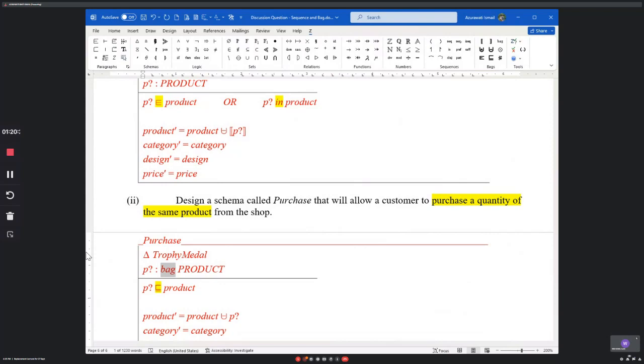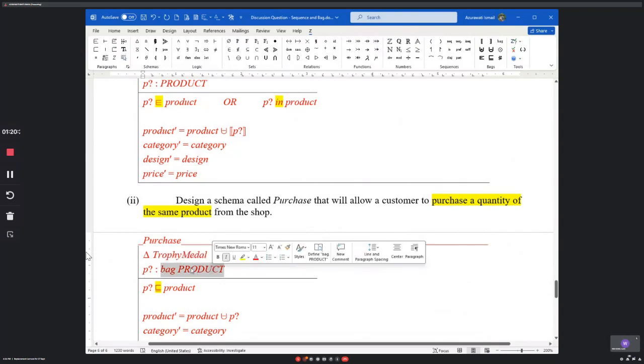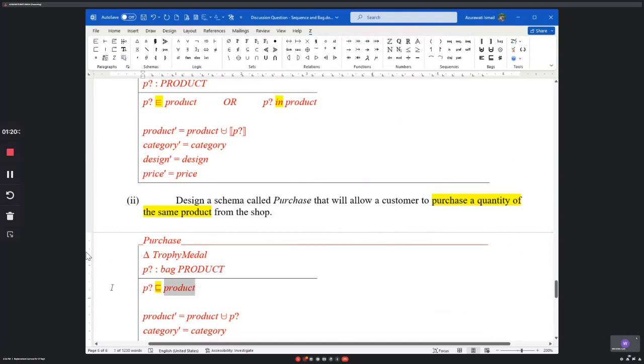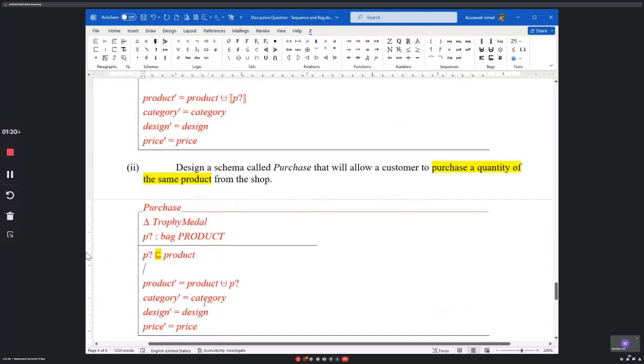You just say that in this bag of product requested by the customer, there is a quantity already. So the product here must exist, and the quantity must be enough. If you want to do checking, you can also do something like this, because the quantity is in the bag of product.